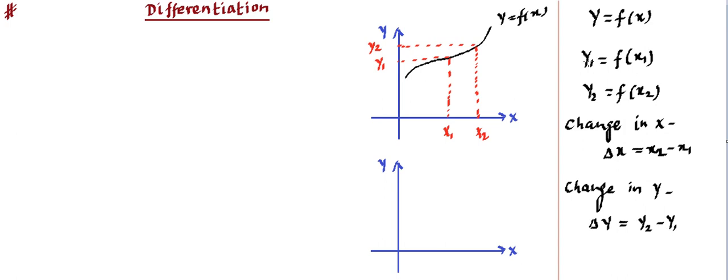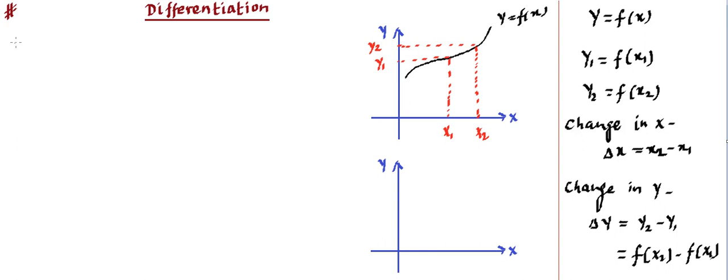We have written this y1, y2 in this fashion as well, so we could also write it as f at x2 minus the value of f at x equal to x1. So we can easily find the change in x and the change in y for given values of x1 and x2. Then we can find y1 and y2, hence the changes in x and y can easily be calculated.